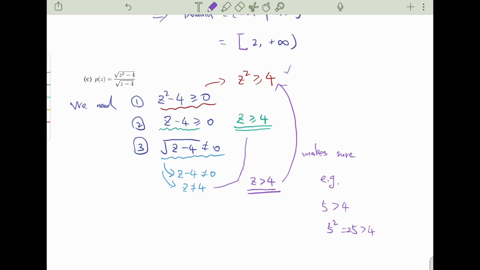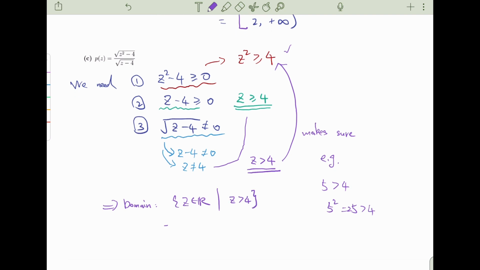And now, in conclusion, we have that the domain of this function, that is x belongs to the real numbers, where x is, or here z, I should say, z is greater than 4, right?